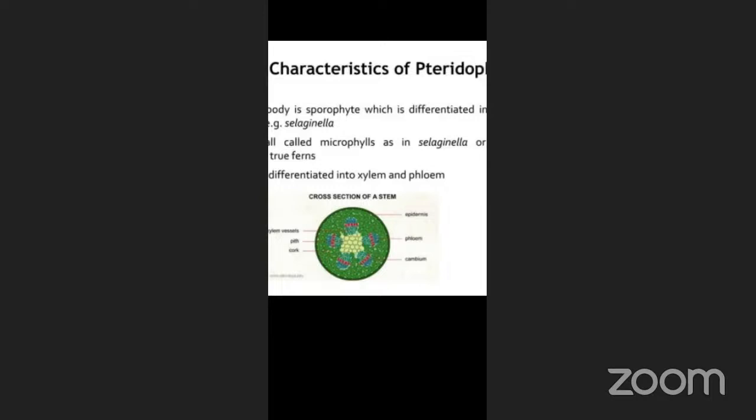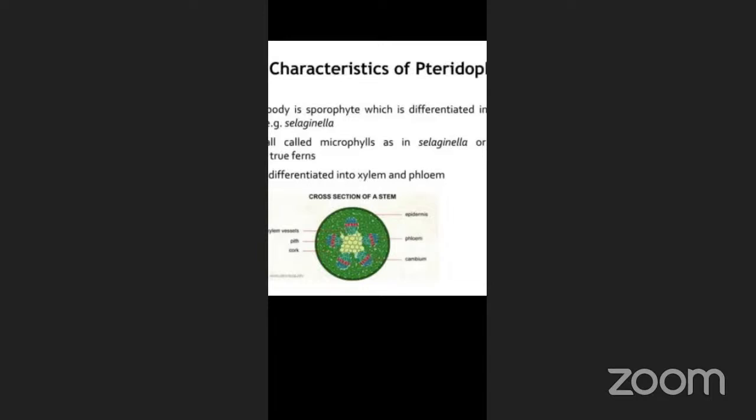Prothallus means the condition before the development of the gametophyte; it is a multicellular organ and haploid.